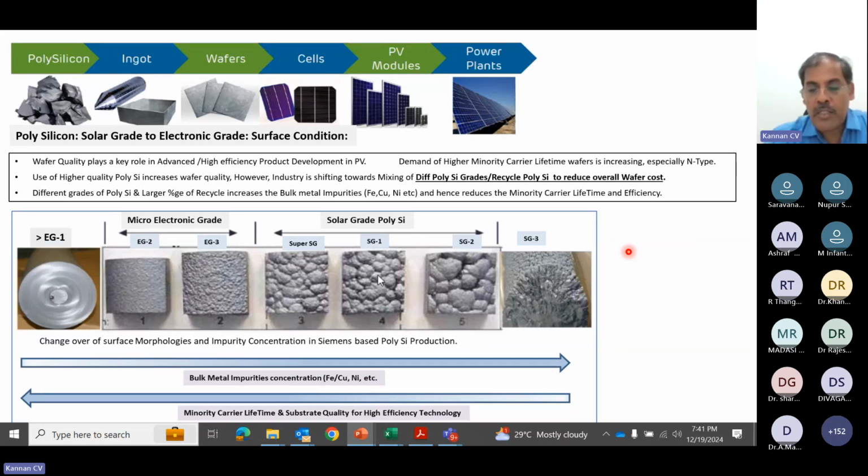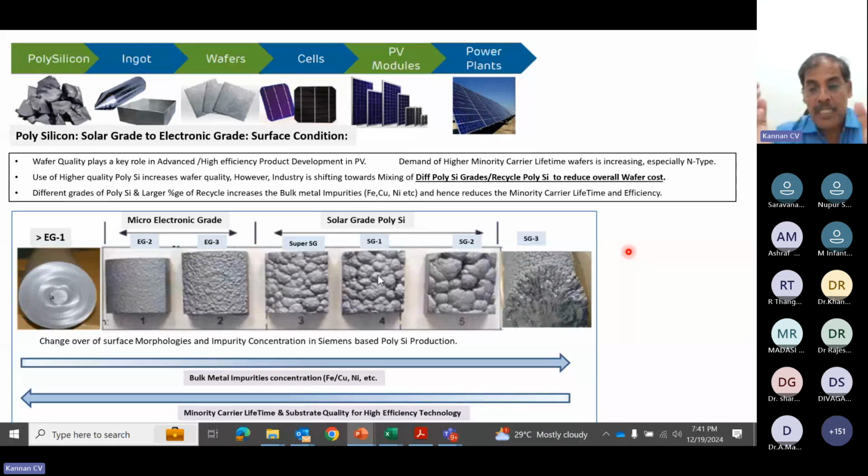So there is a chance of more contamination from the chamber, the crucible, sorry, this crystal furnace itself. So in that case, even if you use a very high purity polysilicon, more contamination is coming from the furnace. So you may not need that much high purity for solar PV applications.